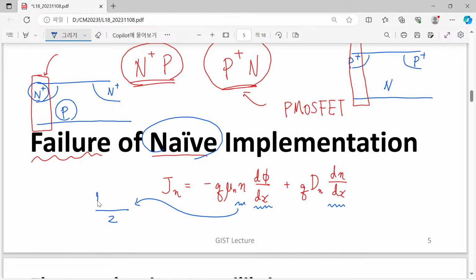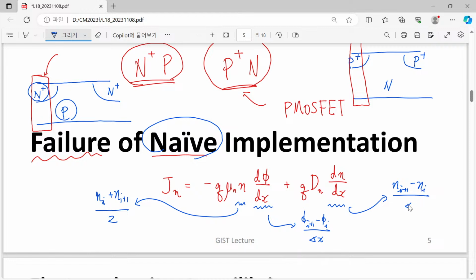We just take a linear approximation, and also another linear approximation, and also another linear approximation.